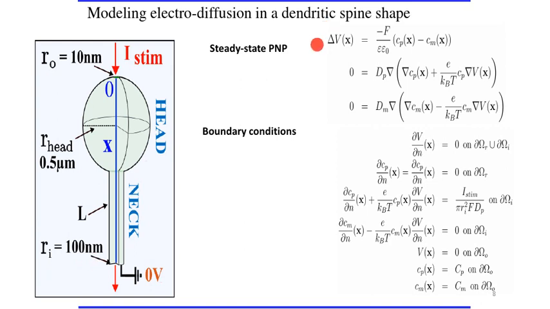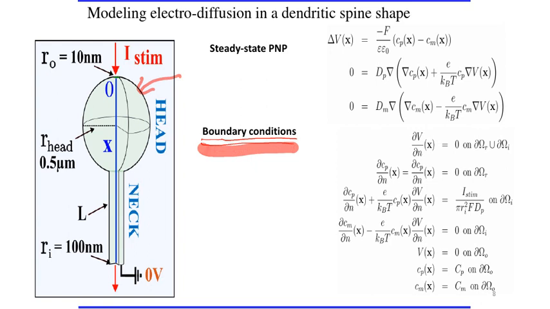So we have already discussed this system of partial differential equations, and at steady state the derivative with respect to time is equal to 0. Now what I would like to discuss are the boundary conditions. So what are the boundary conditions for the different parts of the spine that we have to simulate numerically?